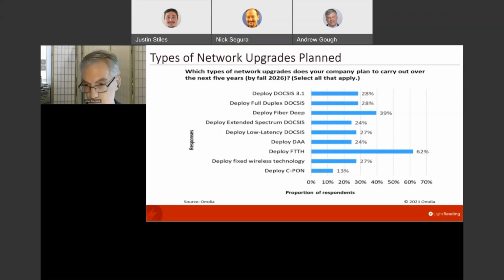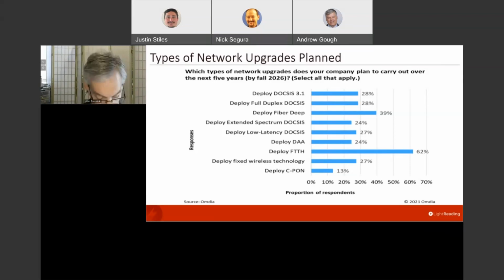DOCSIS 3.1, which is already pretty much universally deployed, full duplex DOCSIS and extended spectrum DOCSIS, which are both part of DOCSIS 4.0, and low latency DOCSIS. Finally, there is also industry support for both fixed wireless access and DAA, as we just mentioned before. So the industry is clearly looking to move forward with a wide range of network upgrades over at least the first half of this decade and probably through the 2020s.